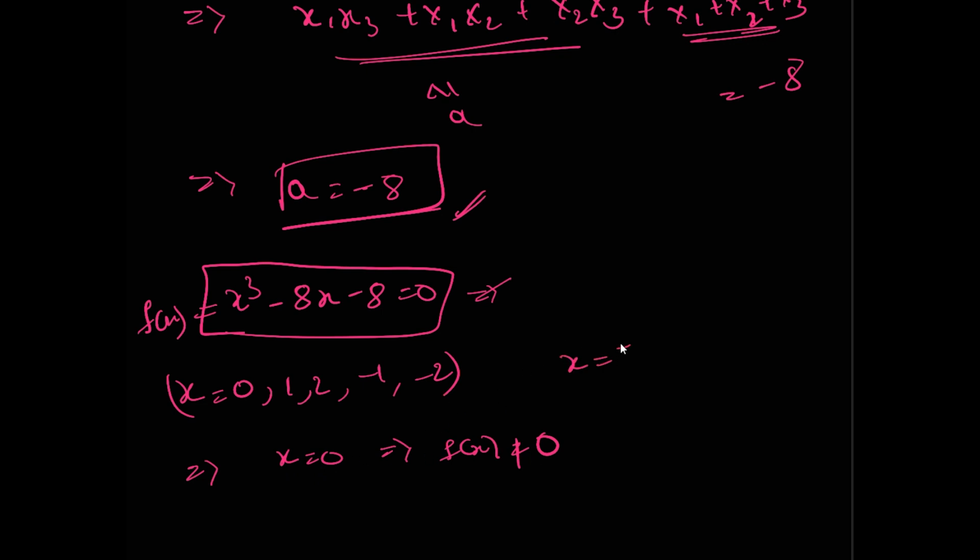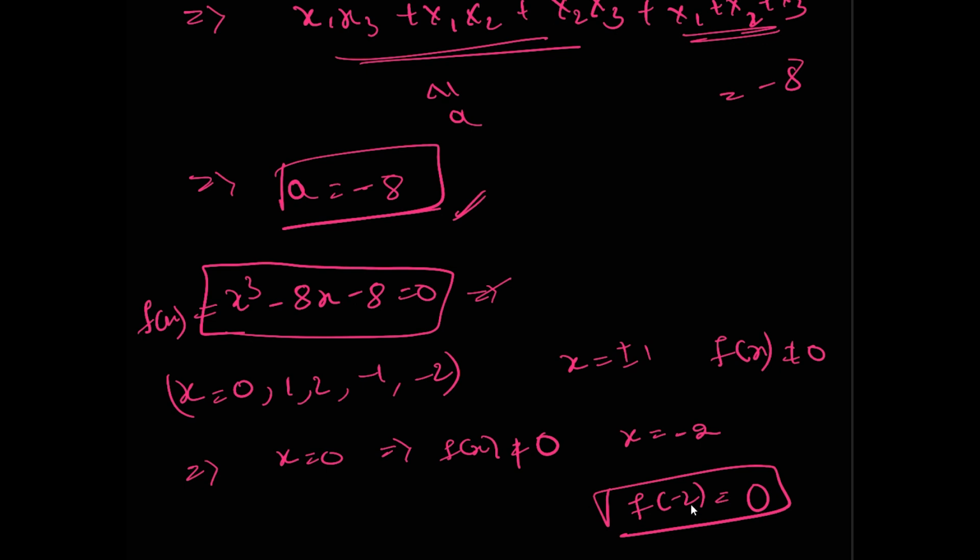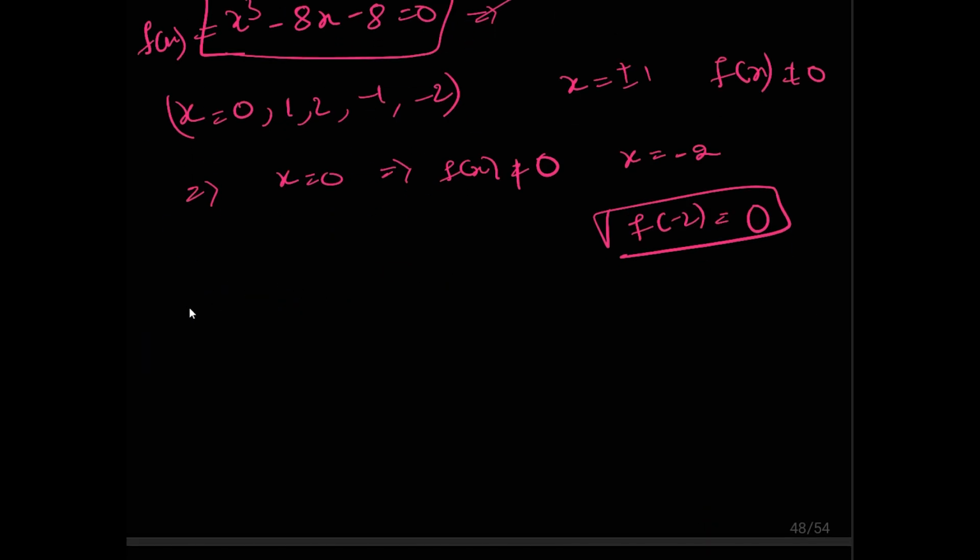For x equals plus or minus 1, f of x is still non-zero, but for x equals minus 2, f of minus 2 will be 0. Therefore, one of the roots of f of x equals 0 will be minus 2. That means f of x can be written as x plus 2 into something.